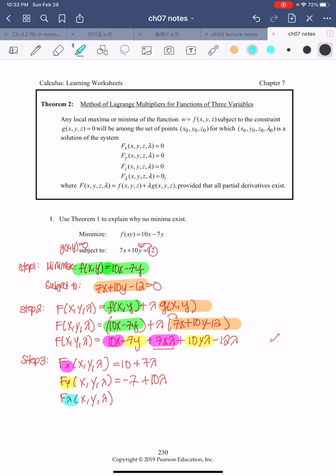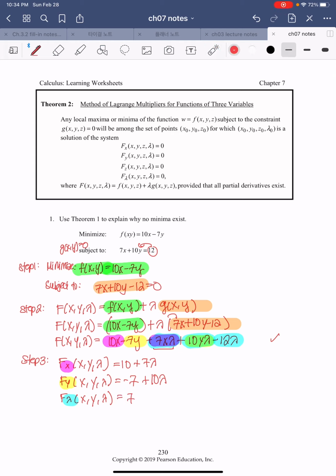So here, let's do this. Lambda will be the variable. Anything dealing with lambda, it will be this one here and this one here, will be the terms that I need to differentiate. The other two will be just constant. So I'm going to have, remember, lambda is the variable and these are constants, so I have 7x for the first one.